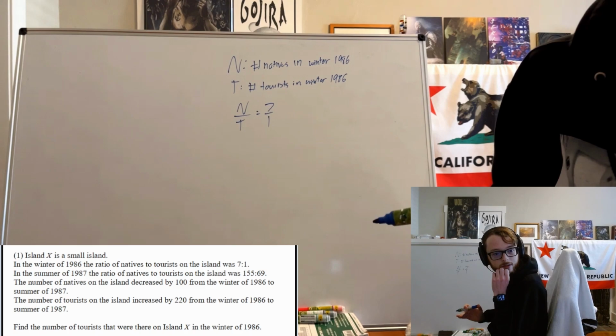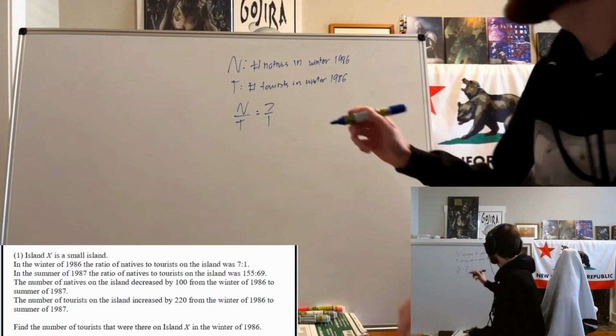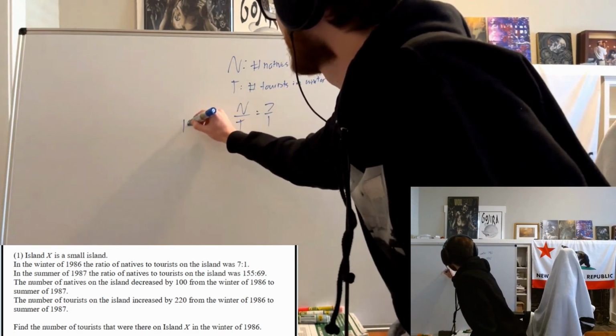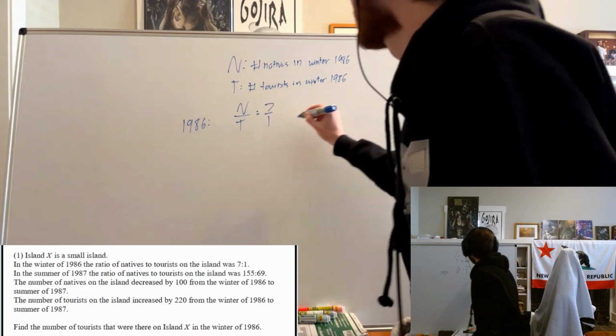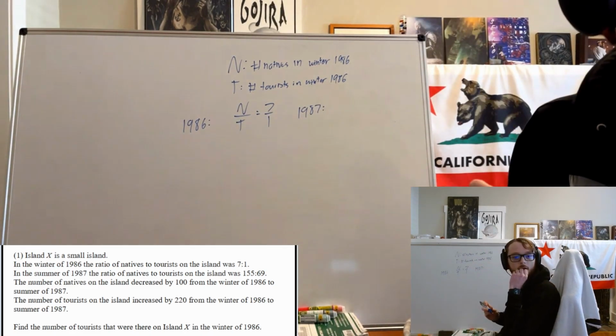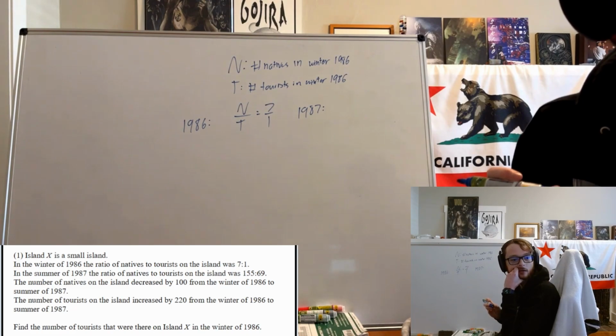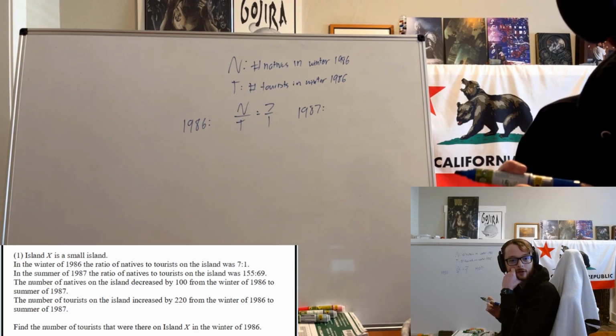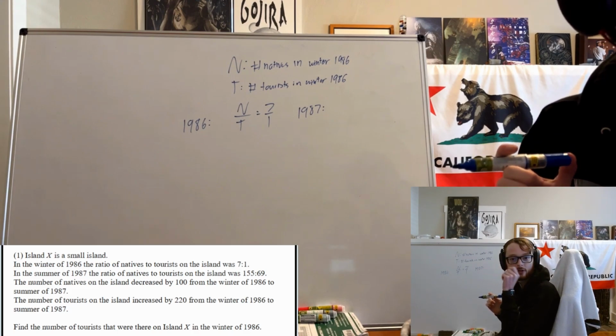Okay, so this is from 1986. And then for 1987, the natives decreased by 100, so wouldn't we want to construct a similar thing here?